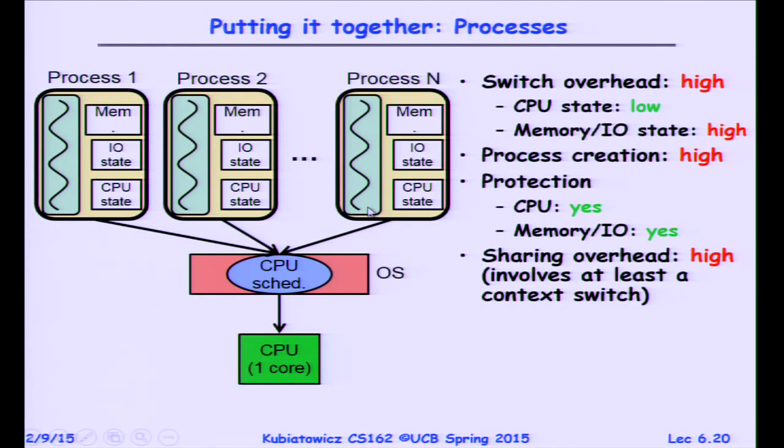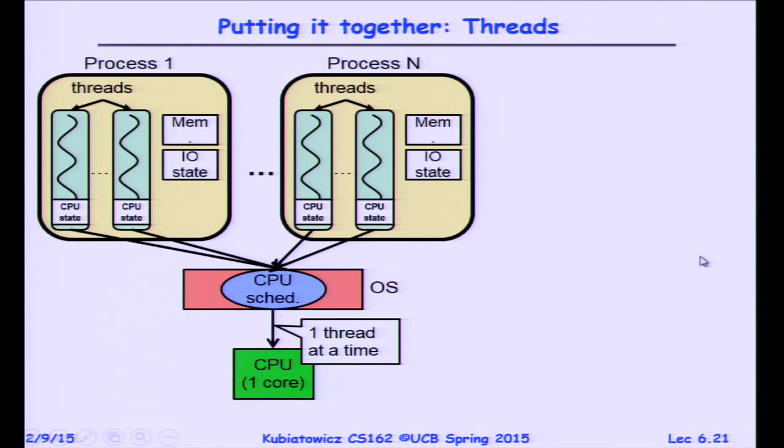Better is what's called shared memory, where I have a chunk of memory that's mapped into two different processes, but that's still got to be set up. And so the sharing overhead here is a little tricky with processes. It's doable.